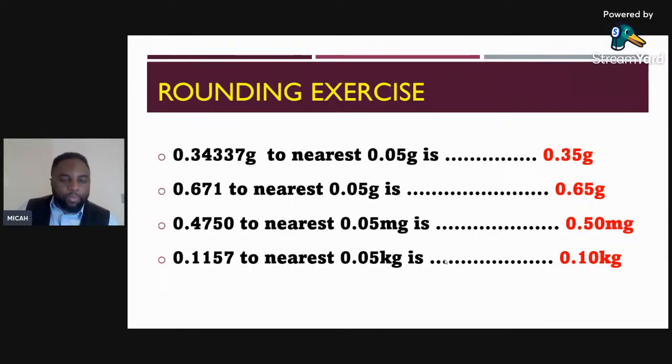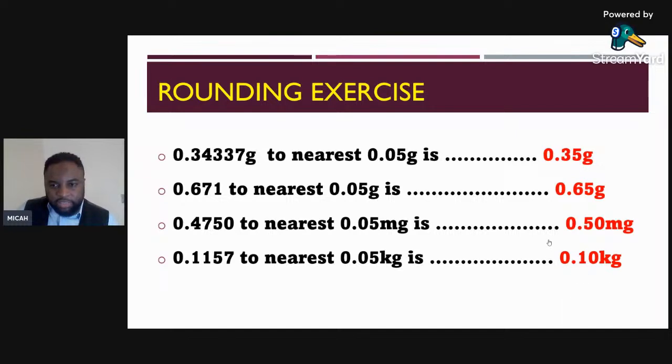When you go up, you then have 0, so 10 essentially, which goes on to the next one to make it 50. So you have 0.50. The last one is 0.10. The correct answer is 0.10.